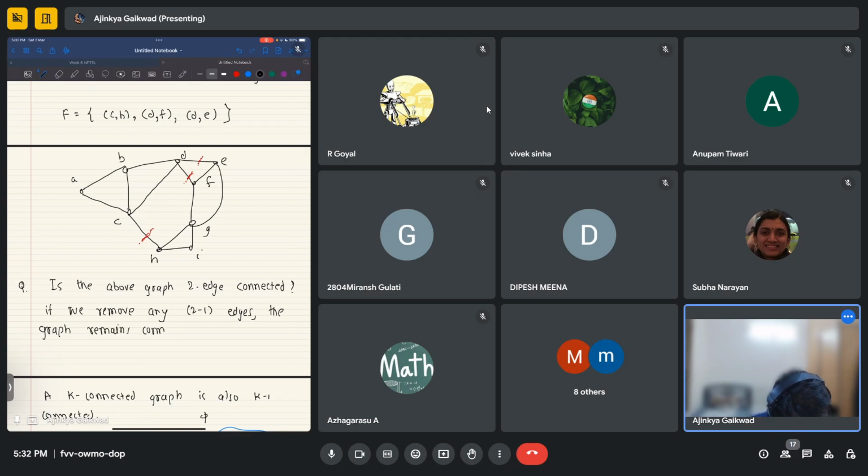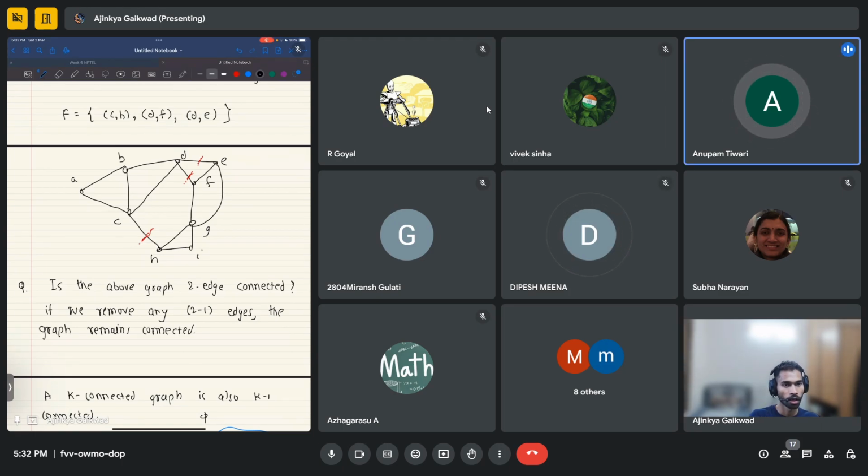Is this statement true? If I remove any fewer than 2 edges, will the graph remain connected?